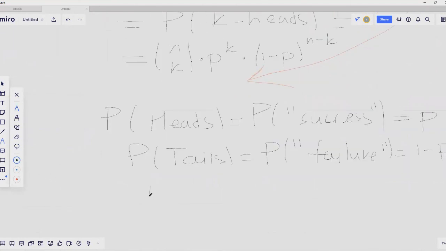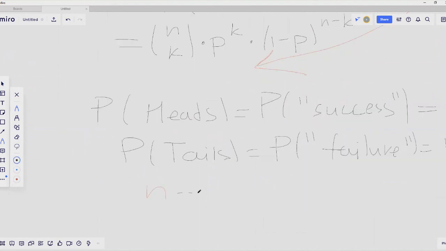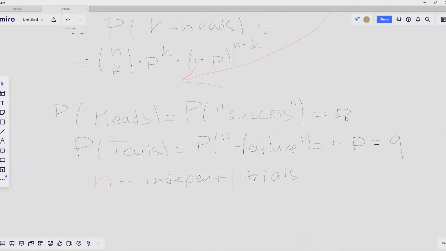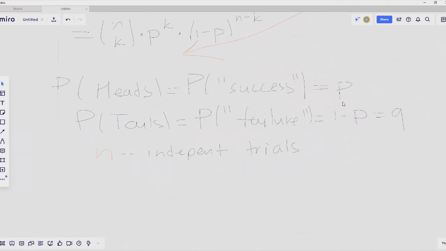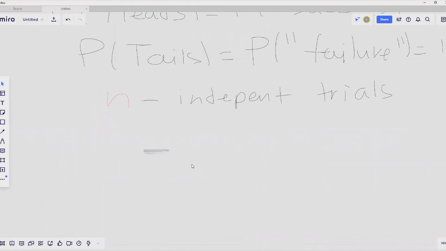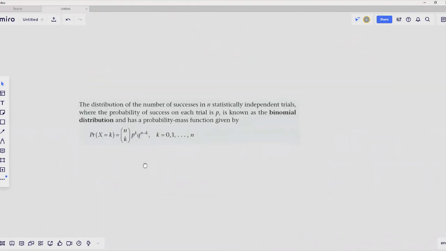And we have n independent trials with the probability of success on a particular trial equal to p, and probability of failure equal to q, which brings us to the following definition of a binomial distribution.